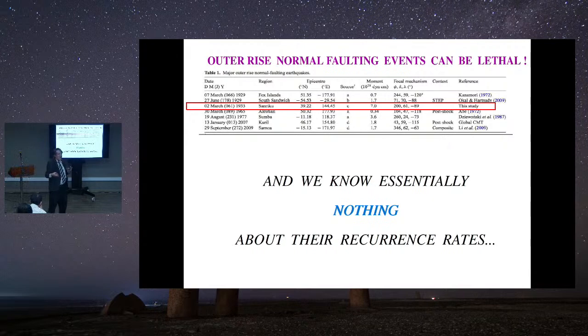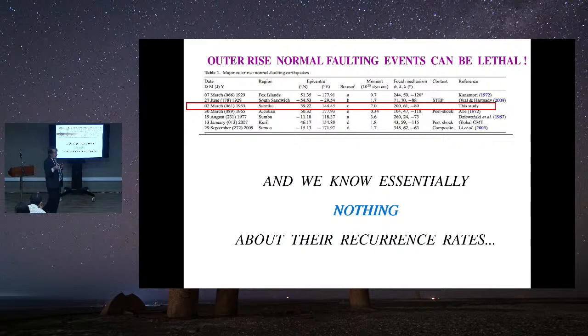So go figure a recurrence rate of something which corresponds to the internal deformation of the plate, and we don't have GPS, bottom GPS, to monitor this. Go say something about this, when you have only one event in each province that you know of.